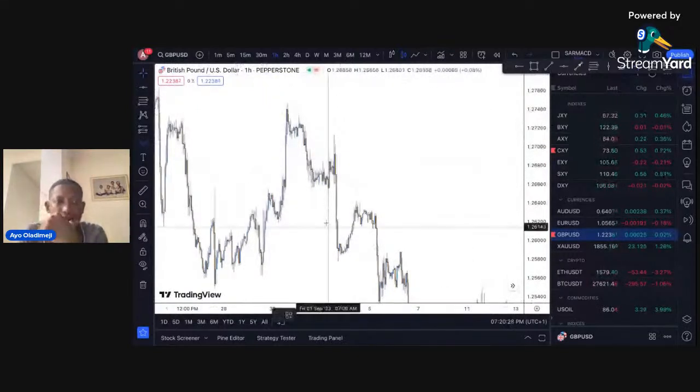Price went up like this, came down, right? Let me take this again. So price went up, and we confirmed there is a resistance here, right?